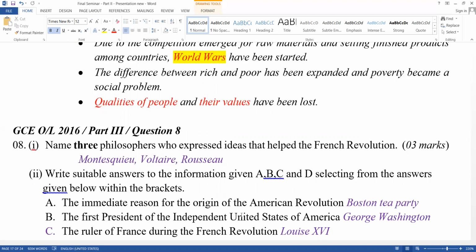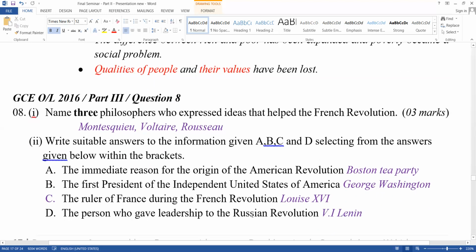Those Americans in Boston City got onto a ship with tea and threw 342 tea containers into the sea as a protest. That is known as the Boston Tea Party. From that, the American War of Independence started. The first president of the independent United States, George Washington; the ruler of France during the French Revolution, Louis XVI; and the person who gave leadership to the Russian Revolution, V.I. Lenin.